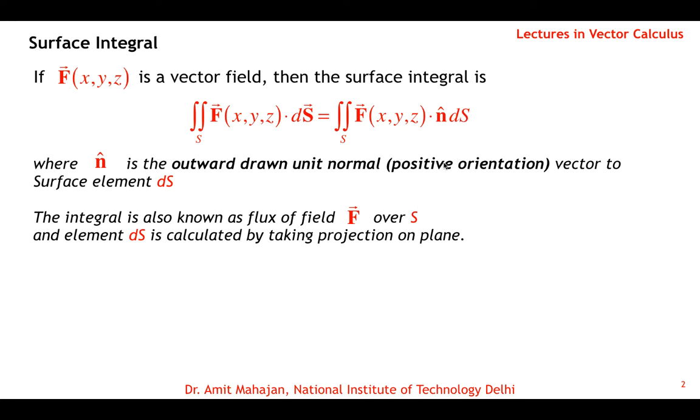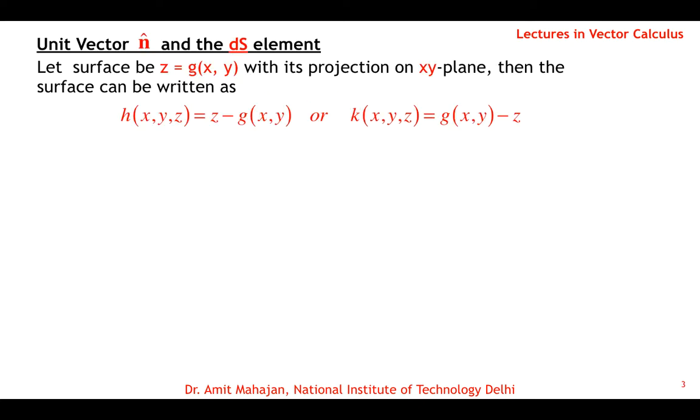So there are two things to be calculated. If you are given a field, then we need to know what the surface is, what the outward normal will be, and what the surface element will be to solve this integration. So how can we calculate this unit normal vector n and the dS element?